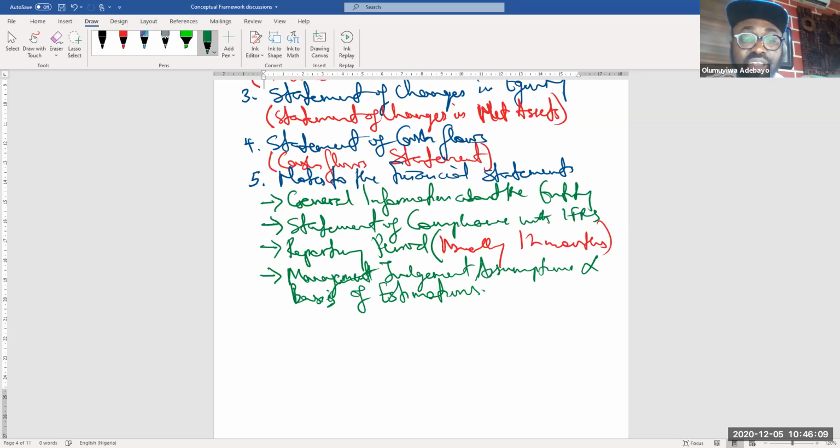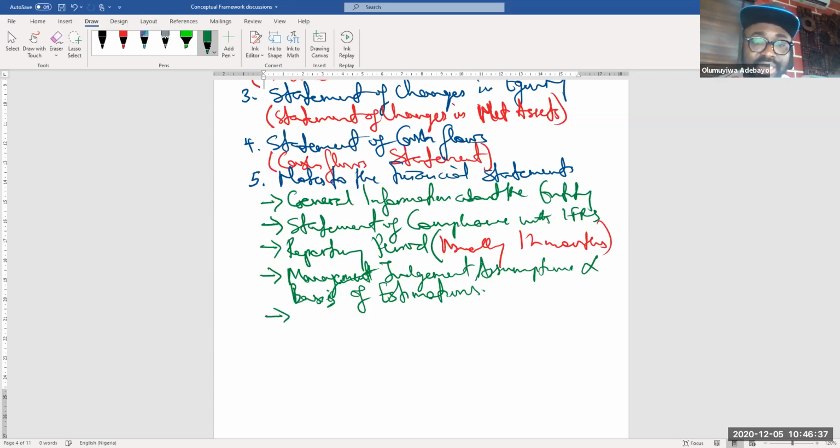IFRS talked about fair value, valuation, impairment, and making accrual and provision. All of these have some level of subjectivity with respect to the judgment that has been taken by management. Like the example of useful life of assets I've talked about, the assumptions that have been taken, and also the basis of estimation that has been taken by management.